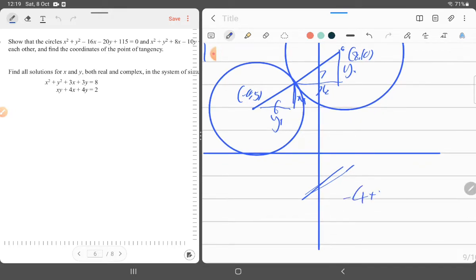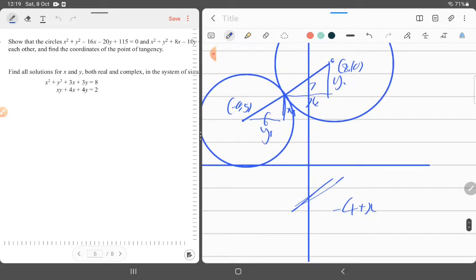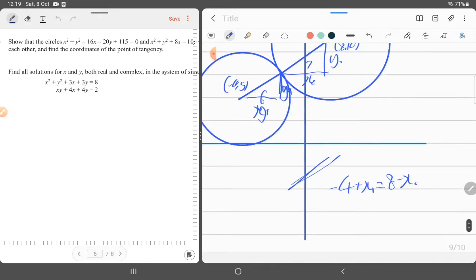So x2 plus y2. Negative 4 plus x1 is equal to 8, and that's x1, that's y1. You take away x2. 5 plus y1 is equal to 10, take away y2.